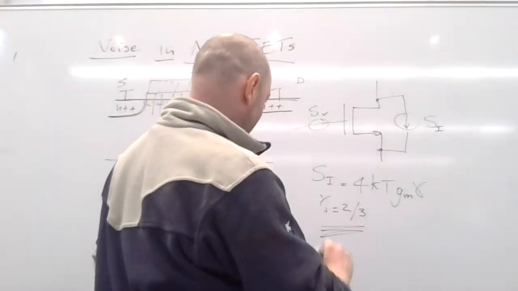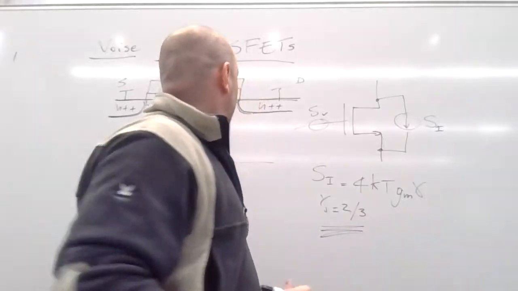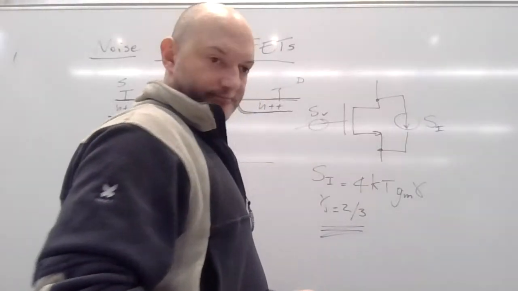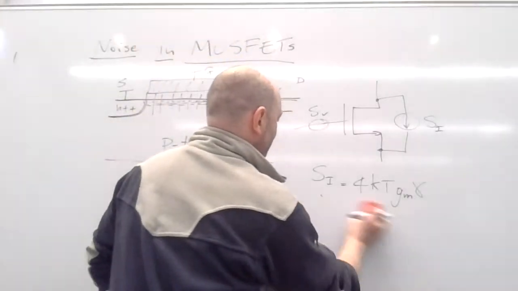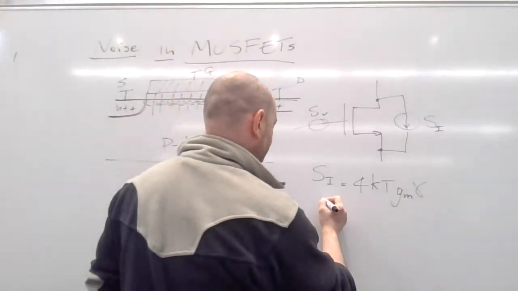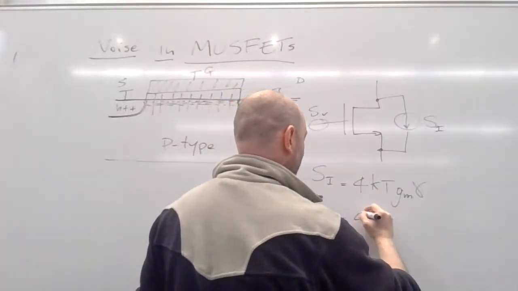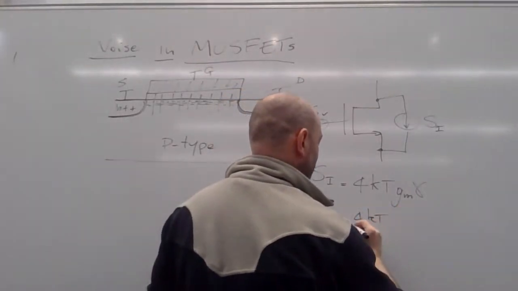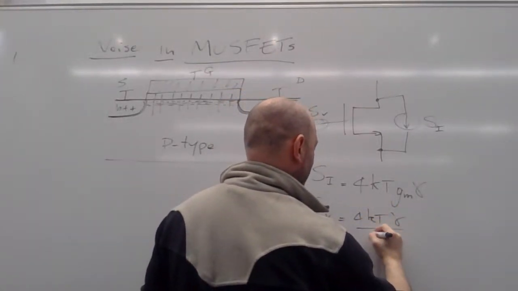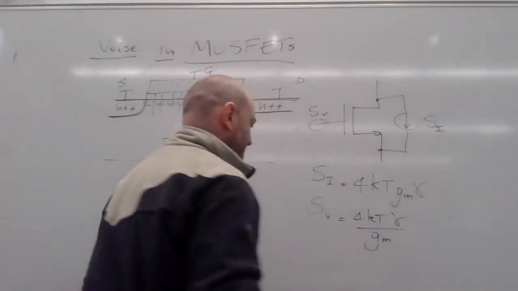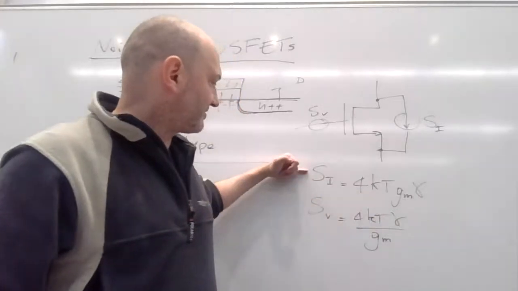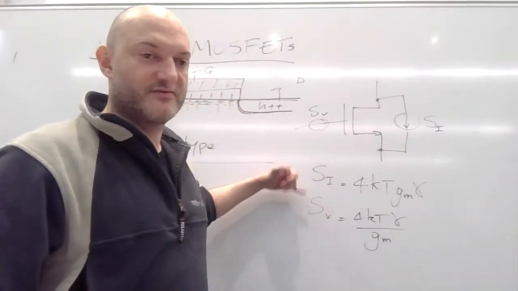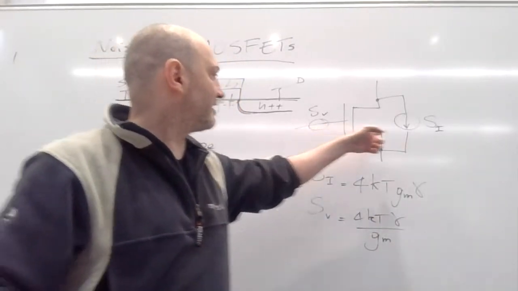So we have then SV equal 4kT gamma divided by Gm. When you multiply by Gm squared, you recover the same noise. So you can either use this one or this one.